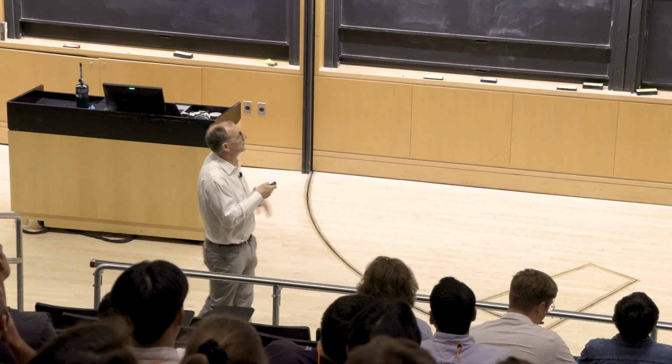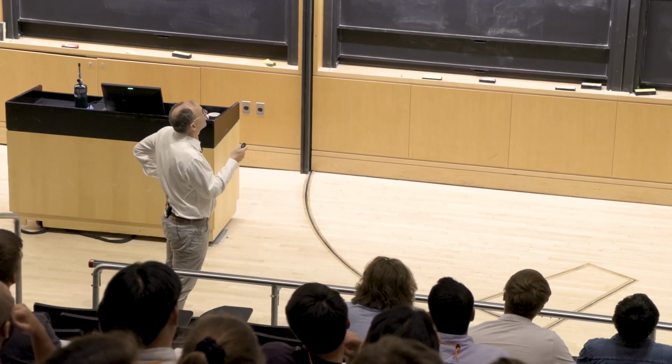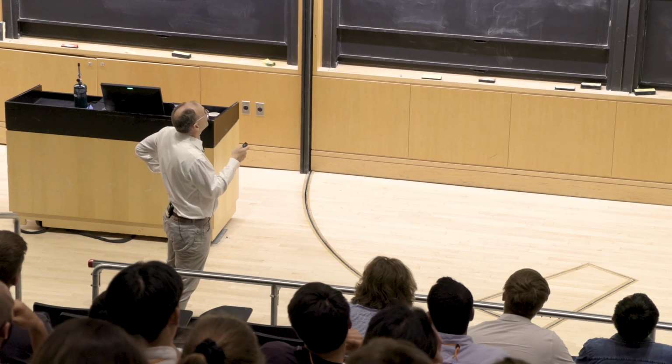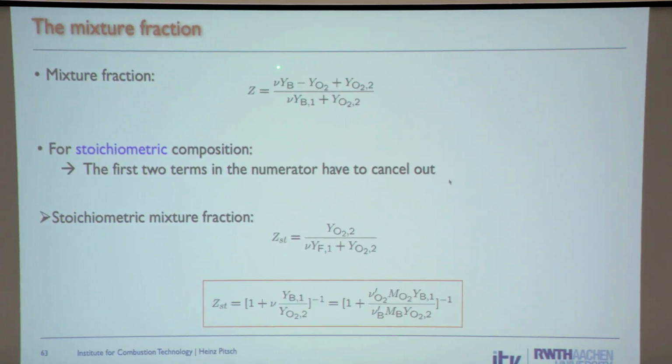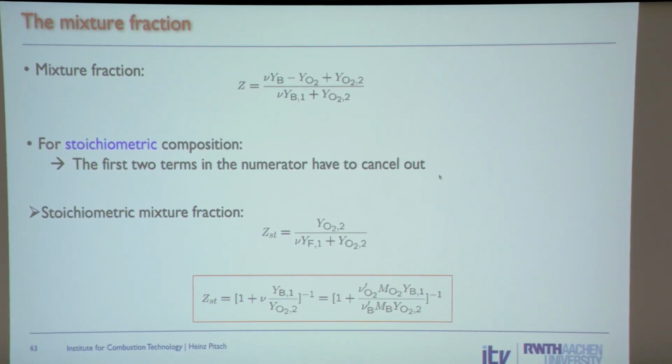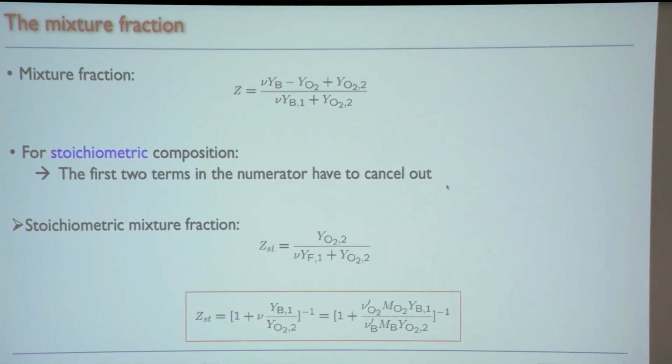Because it just looks at where did the elements come from. Even though I have YB and YO2, if I burn a little bit of O2, I have to use nu times YB to burn the same thing. So that's why these two cancel each other out.